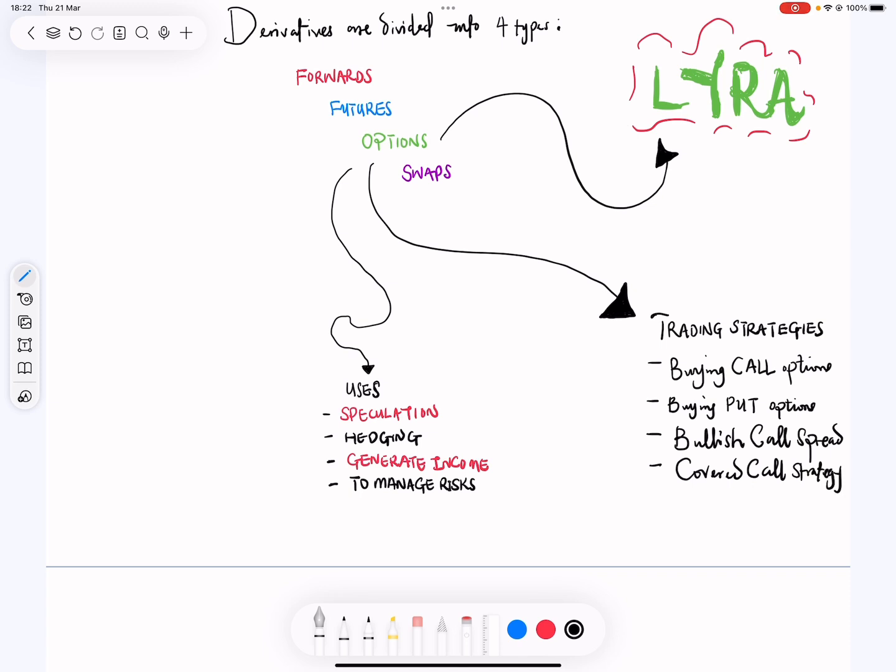So, buying call options. A call option gives the buyer the right to buy an asset at a particular price before a specified date. Say I want to buy ETH, which is now at 3.5, and I speculate that it will be at 4,000 in April.